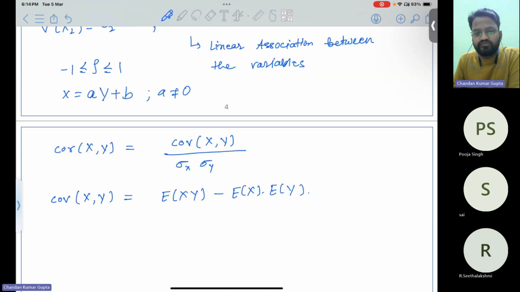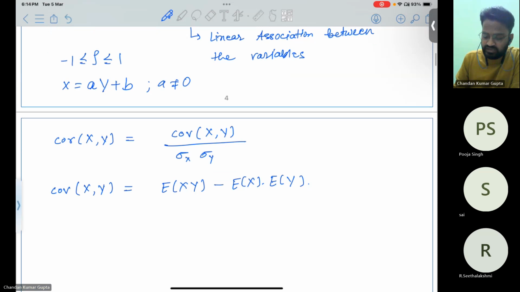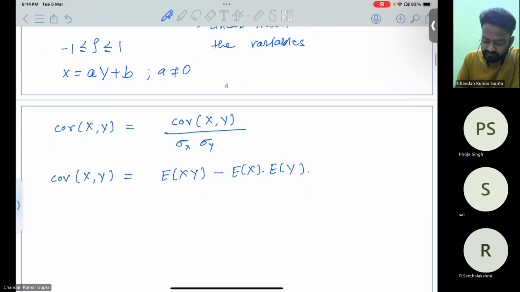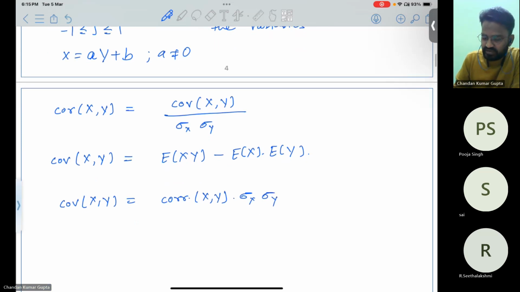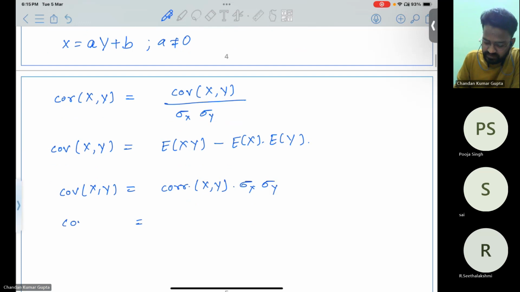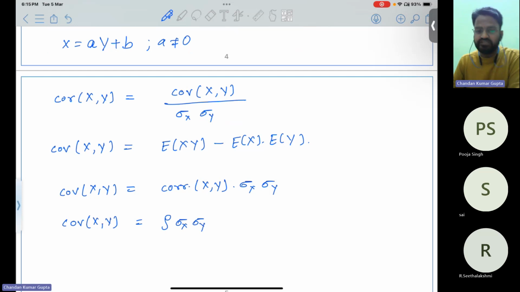And in case of bivariate normal distribution, since we know the correlation, the covariance of x, y equals the correlation between x and y into sigma x, sigma y. So the covariance between the two variables x and y in a bivariate normal distribution is rho sigma x sigma y, where sigma x and sigma y are the standard deviations of variables x and y respectively.